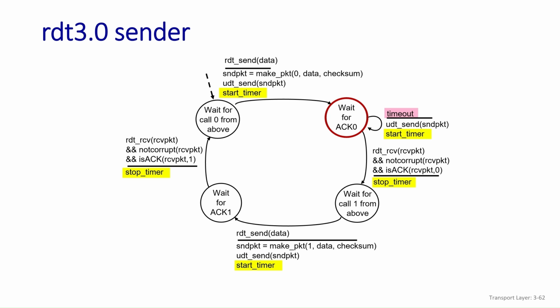And what if we receive a packet and either the packet is corrupt or it is an acknowledgement but not the one we are expecting? We are expecting acknowledgement zero, and let's say it's acknowledgement one. Again, we will retransmit with the timer.